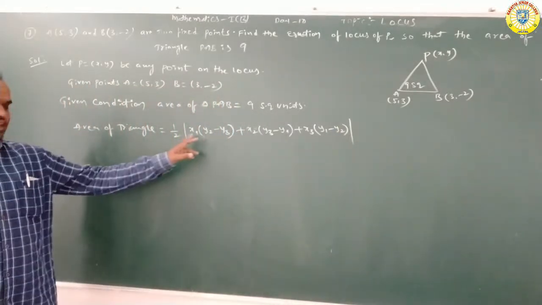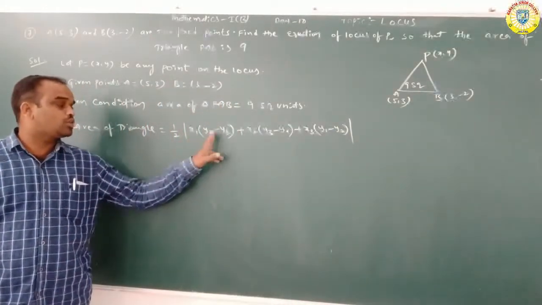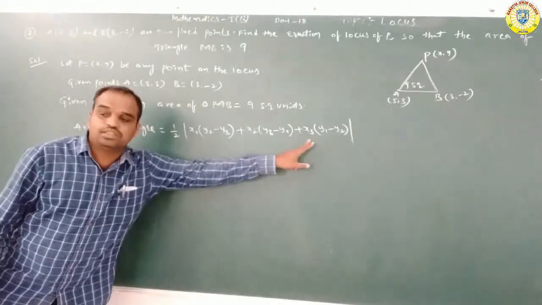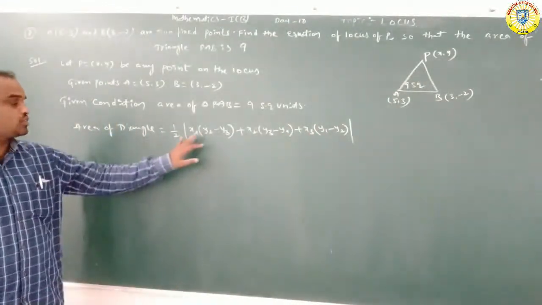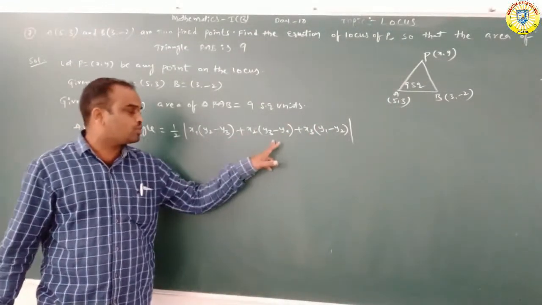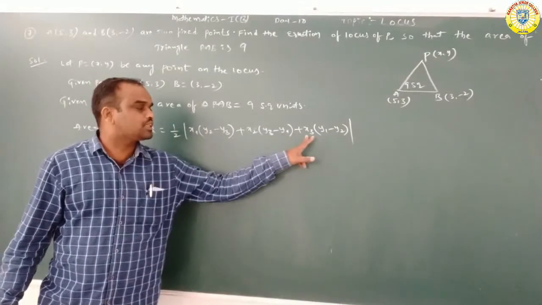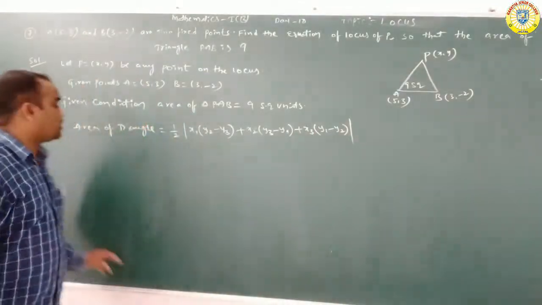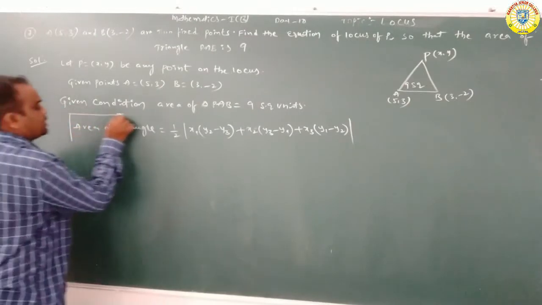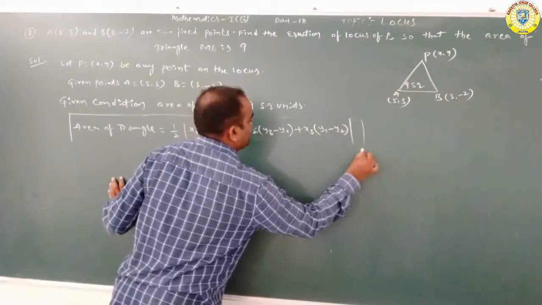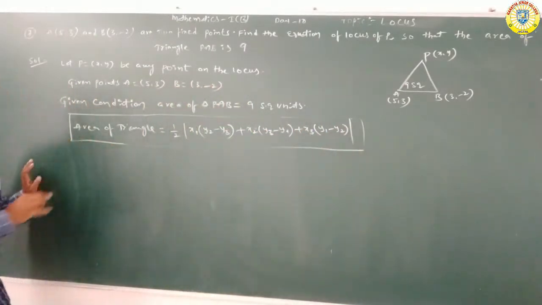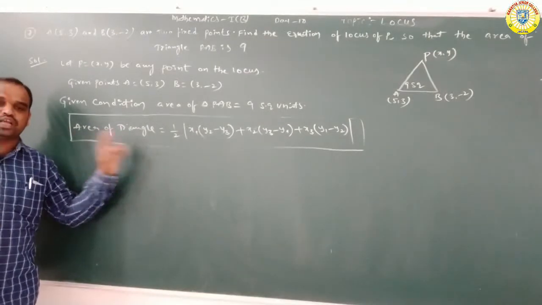You must maintain one cyclic order: 1 2 3, 2 3 1, 3 1 2. Okay, now x1 into (y2 minus y3), x2 into (y3 minus y1) plus x3 into (y1 minus y2). This is the formula only, and now we are applying it.